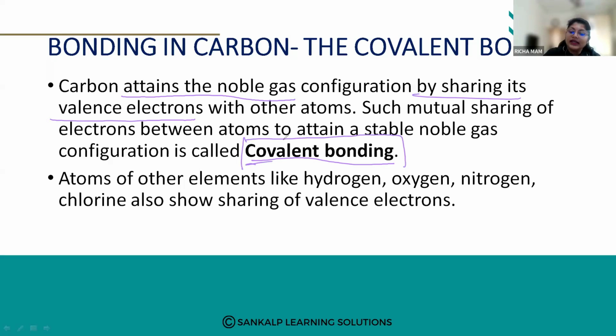Covalent bonding is the mutual sharing of electrons between the carbon and the other atom so that it can attain the noble gas configuration. I hope this is clear. Any doubts up to here? You can ask.